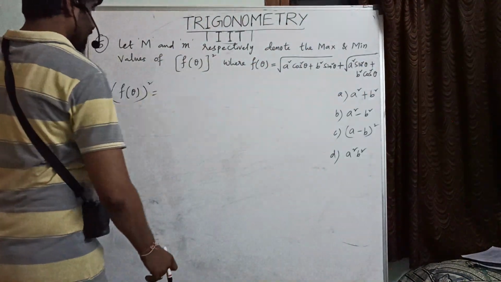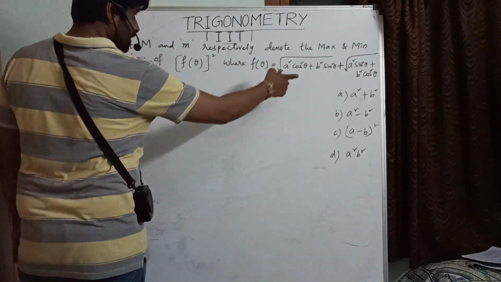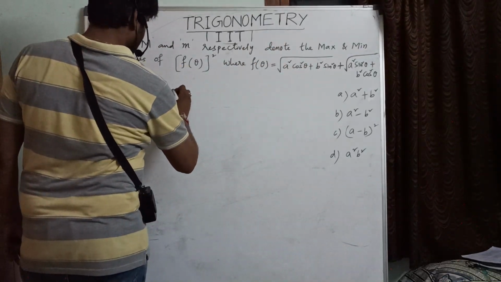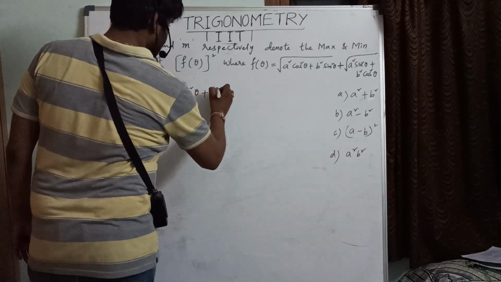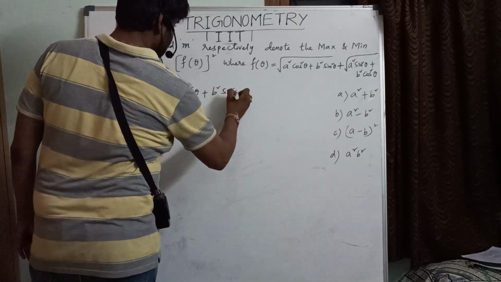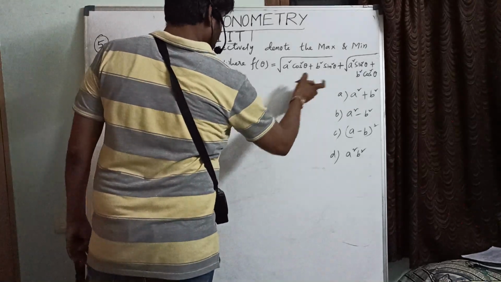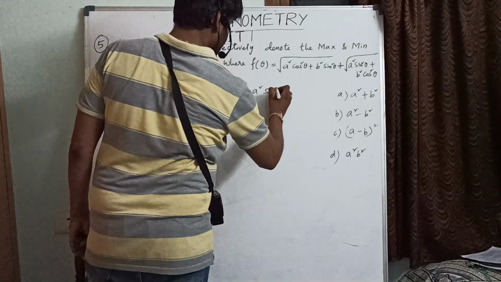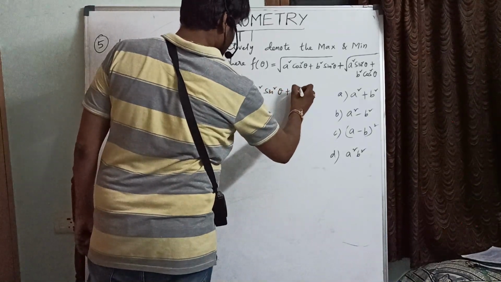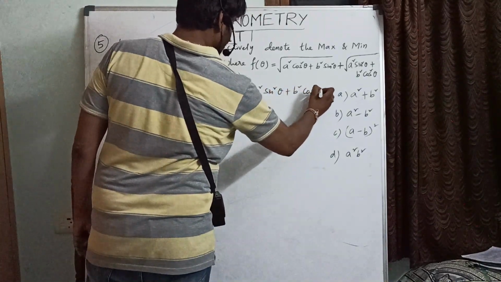Now hope you understand. I am taking squaring on both sides. This one square, so a square cos square theta, root will be cancelled. B square sin square theta plus b square. So there also root will be cancelled. A square sin square theta plus b square cos square theta.